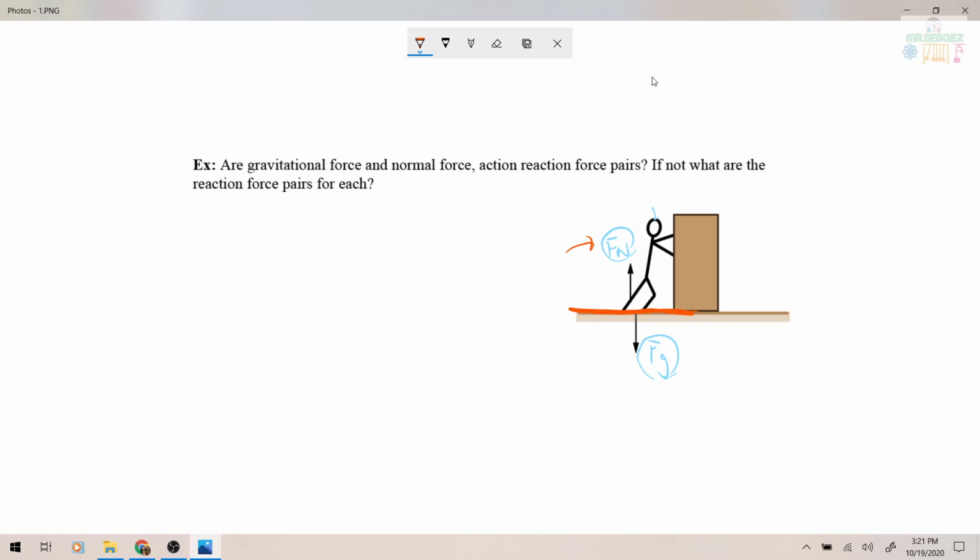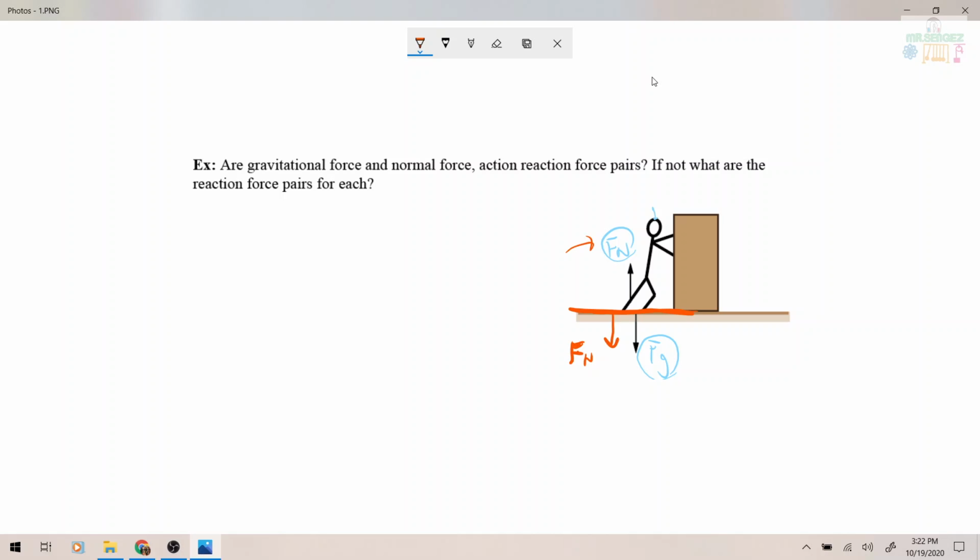So we look for the reaction force on the surface, because the surface and the person are in contact. If the normal force is acting on the person, then you need the same force, and you can call it F normal again if you want.